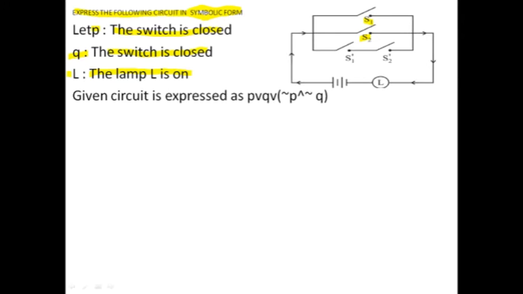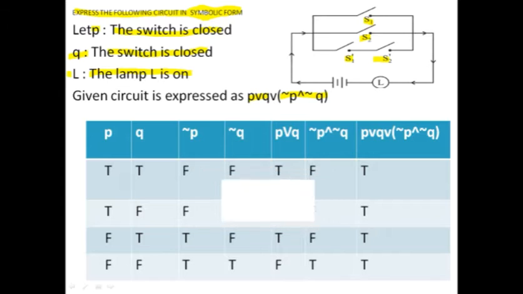See, S1 and S2 are connected in parallel, so P or Q, and S1 dash and S2 dash are also connected in parallel with both the switches. And S1 dash and S2 dash are connected in series, so we have used the AND symbol. Next, this is the input and output switching table.